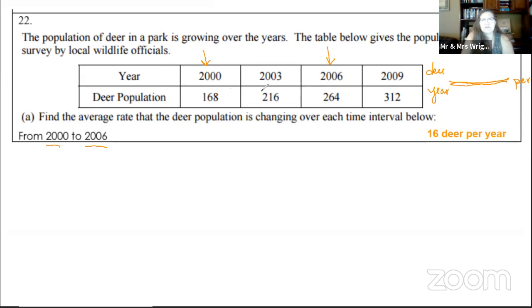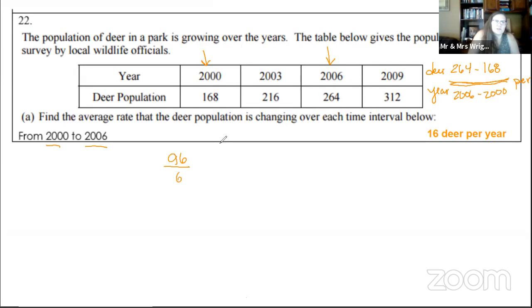So I want to find the difference between the deer, 264 in 2006 minus 168. Okay, and then my year change is 2006 to the year 2000. All right, so I'm going to plug into my calculator the difference in the deer. 264 minus 168. That's 96 on the top. And then I know that the difference in years is 6.